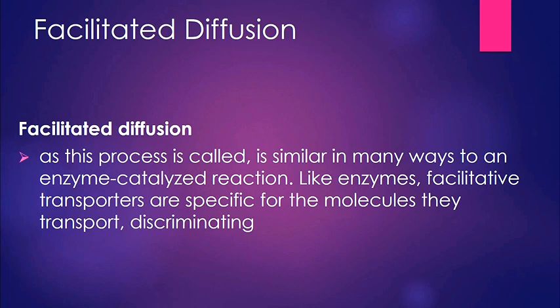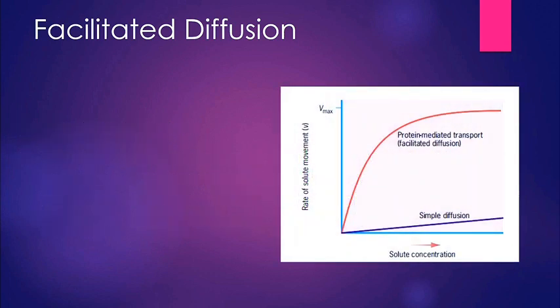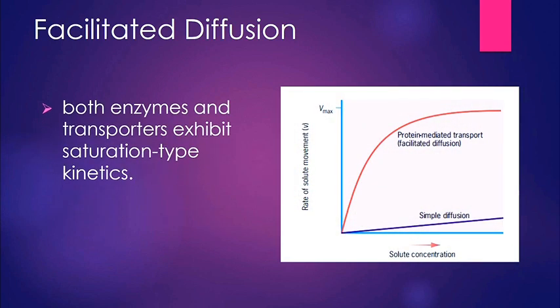Facilitated diffusion, as this process is called, is similar in many ways to an enzyme-catalyzed reaction. Like enzymes, facilitated transporters are specific for the molecules they transport, discriminating. Both enzymes and transporters exhibit saturation-type kinetics as illustrated in this figure.